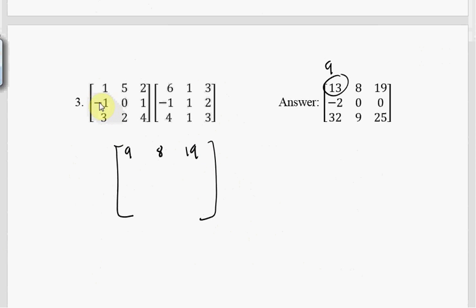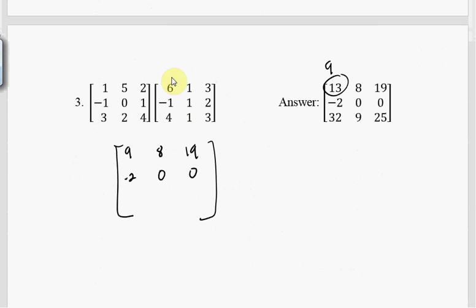Then we move down, it's the second row, first column, so it's negative 6, 0, plus 4, negative 2. Second row times the second column, is negative 1 plus 1, 0. Second row, third column, negative 3, 0, and 3, you get 0.